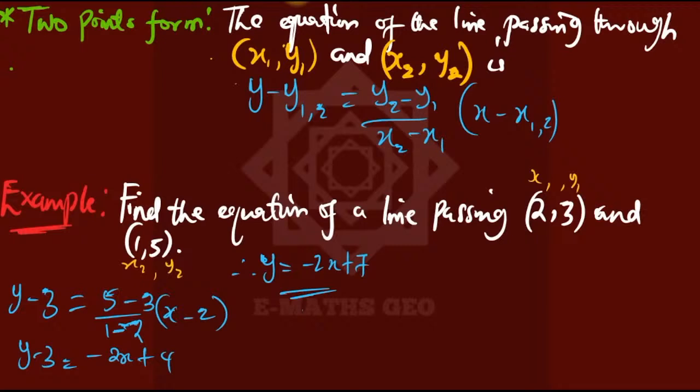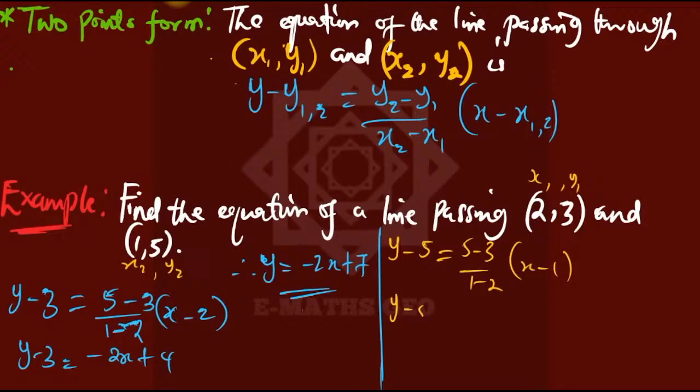If you doubt, we can still use the second point. Yes, let's use the second point to get the same answer. So which is y minus, I'm using the second point now, which is 5, equals the slope, which is still the same, 5 minus 3 over 1 minus 2, times x minus 1. So this is y minus 5.